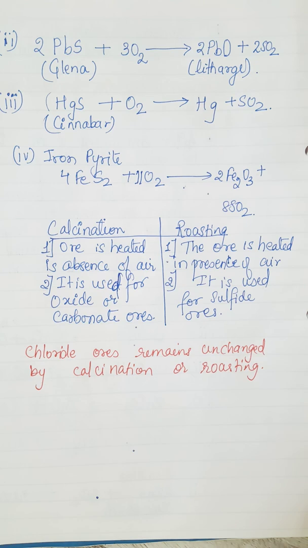In extraction we do reduction, and post extraction we'll be doing refining, and after that we'll be doing some very common examples like iron extraction and aluminium extraction. In regular classes we have not seen so much, but definitely in this we'll be seeing a lot, okay.